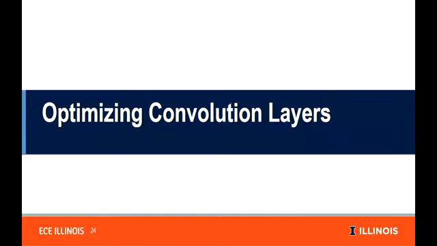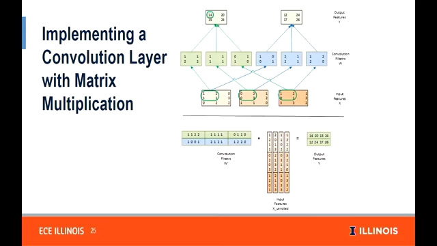So the first, most interesting optimization that we can make to a convolution layer implementation is to formulate the convolution layer computation as matrix multiplication.